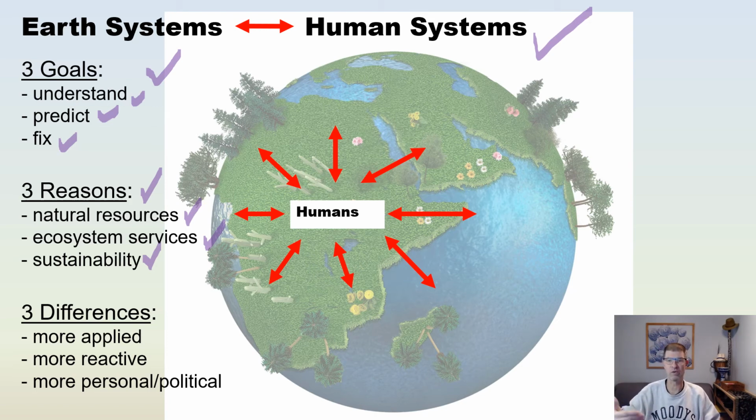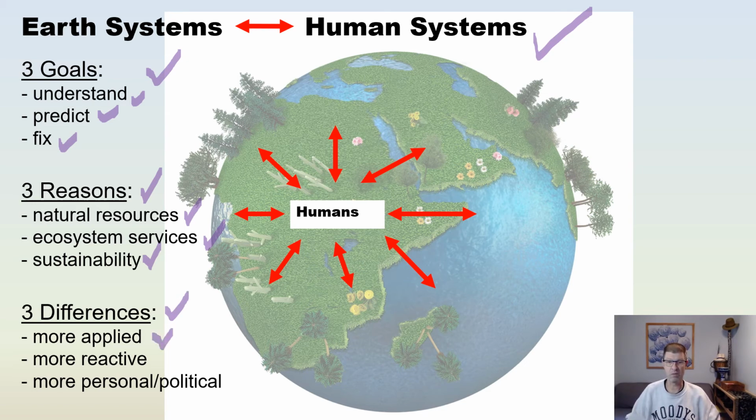So natural resources, ecosystem services, and sustainability, all 3 important reasons for wanting to understand this interaction between Earth systems and human systems.